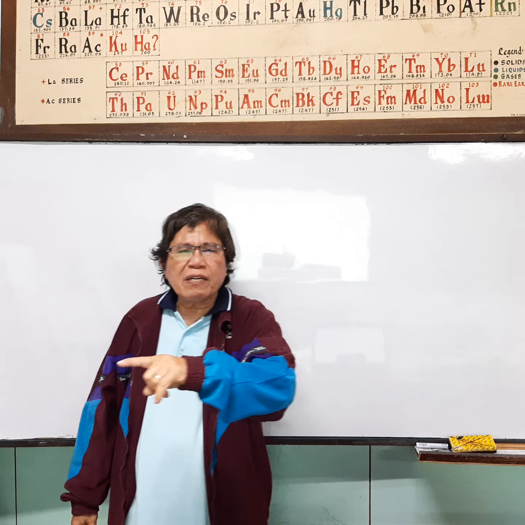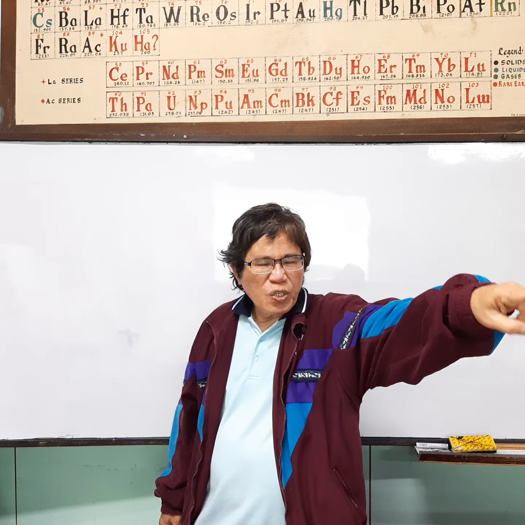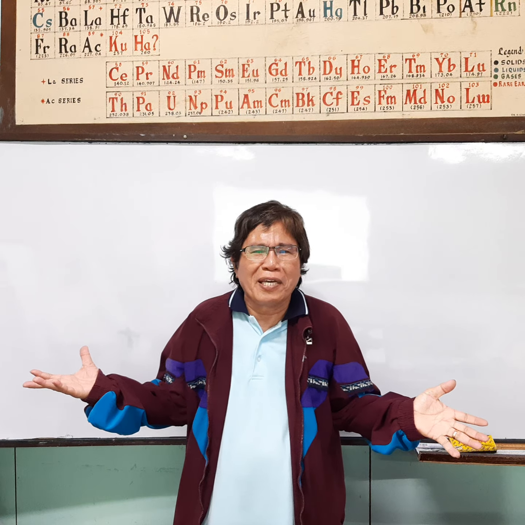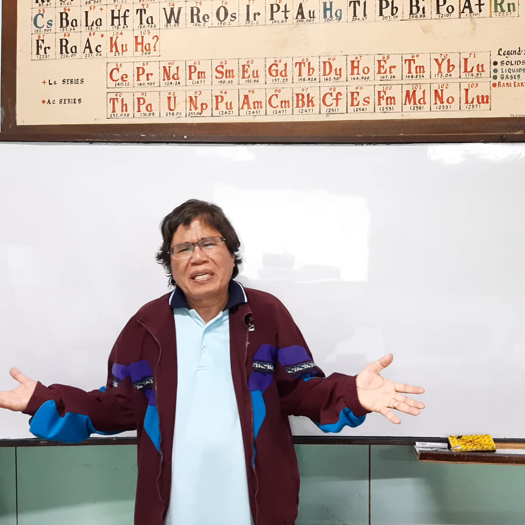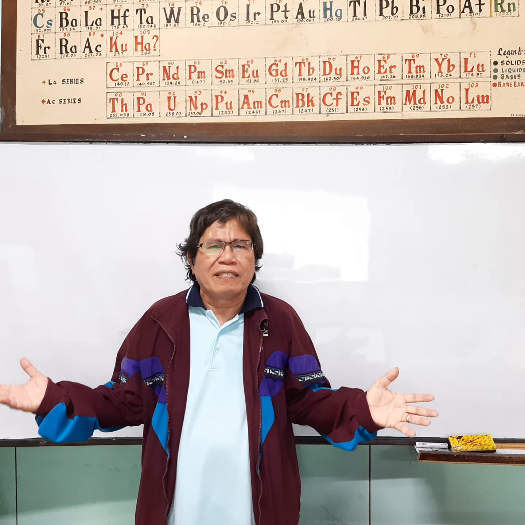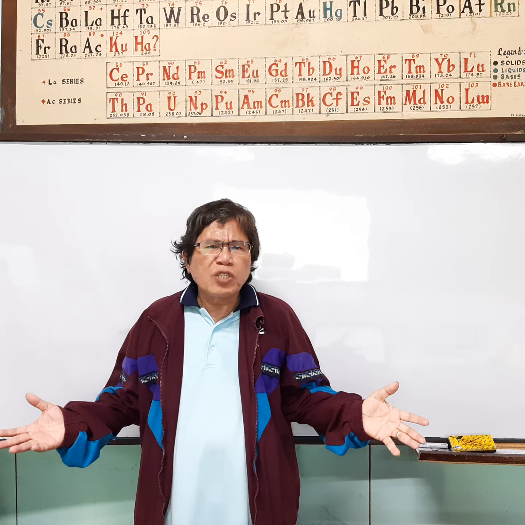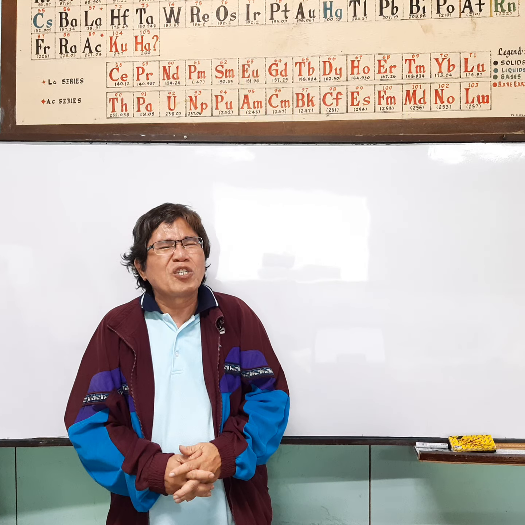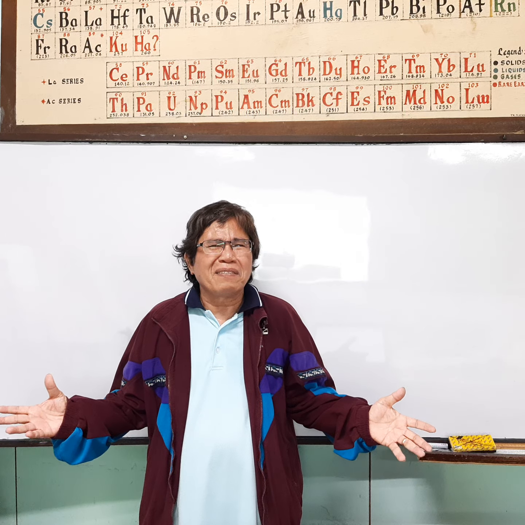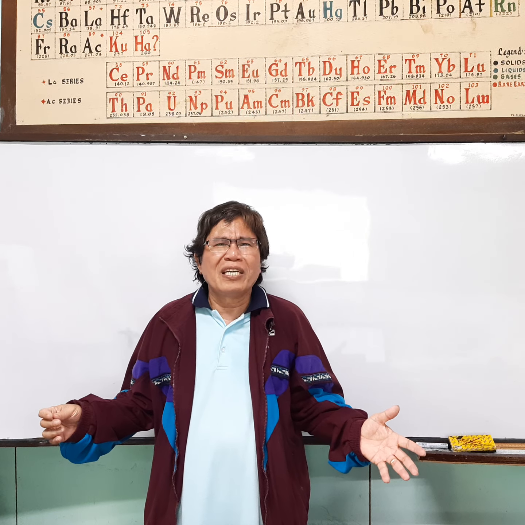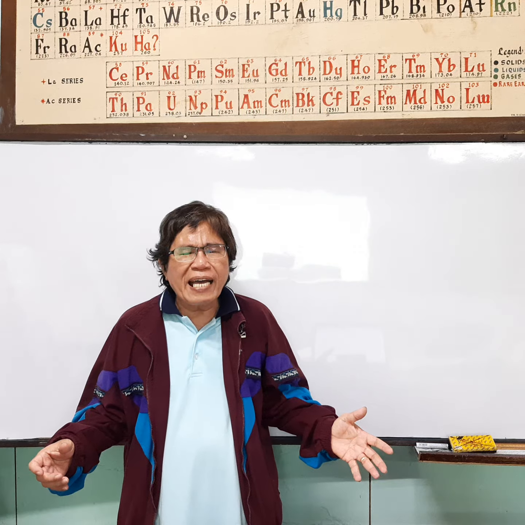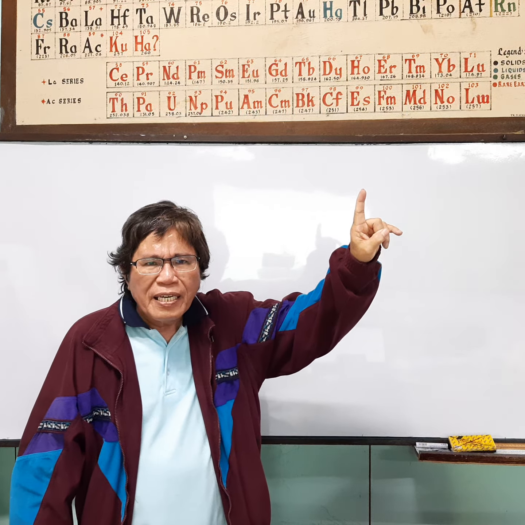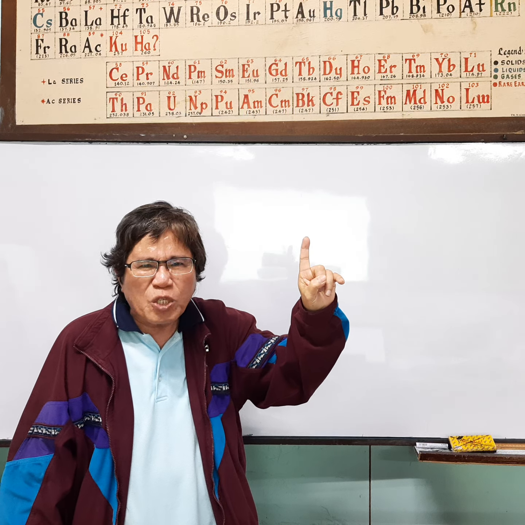So for the light year, we have to use the speed of light. What is the speed of light? My dear students, the speed of light is 300,000 kilometers per second. It is very difficult to imagine. To simplify, imagine an airplane that can travel at the speed of light.